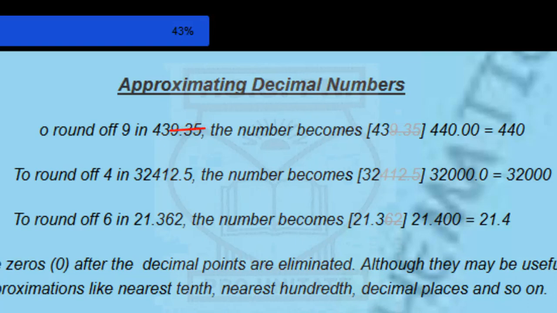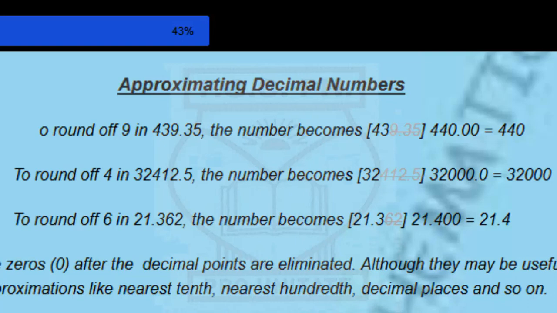Make 9 and the digits to its right become zeros, and add 1 to 43 left behind. You'll get 440.00. So you'll notice that 43 becomes 44 as usual, and that 9 is 0, and the point remains in its position, and then 35 is 00.